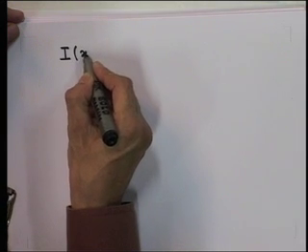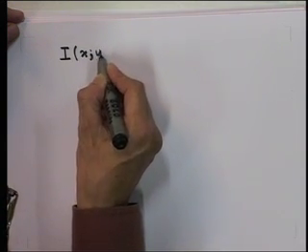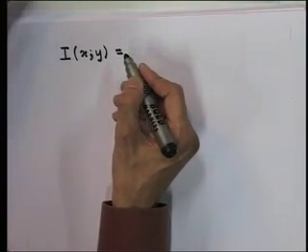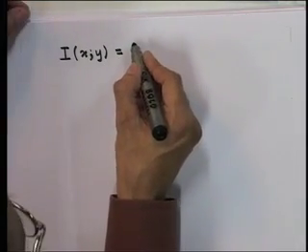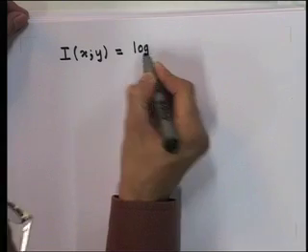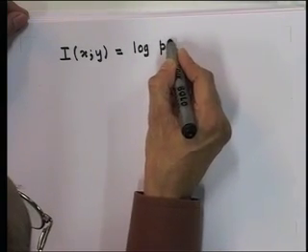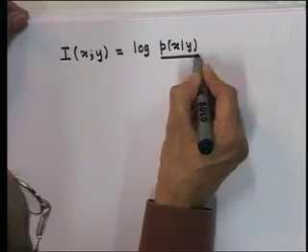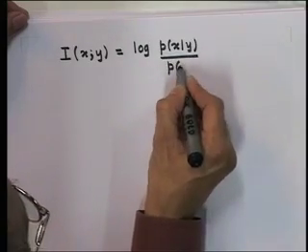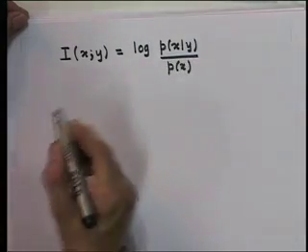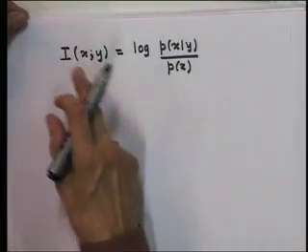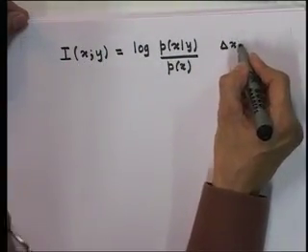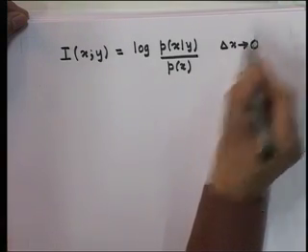I of x y equal to log of probability of x given y divided by probability of x. Note that this relation is true in the limit as delta x tends to 0.